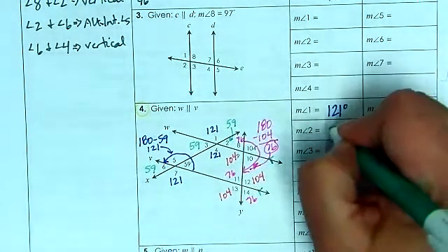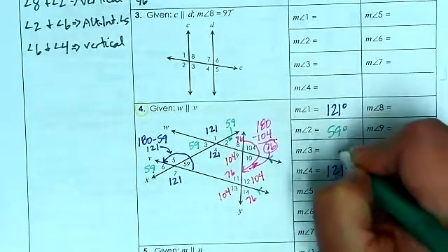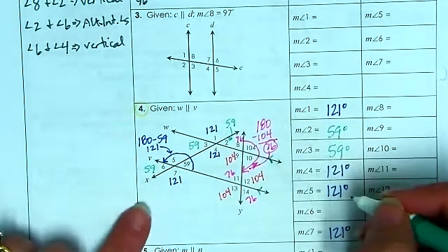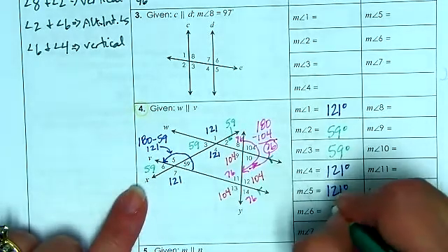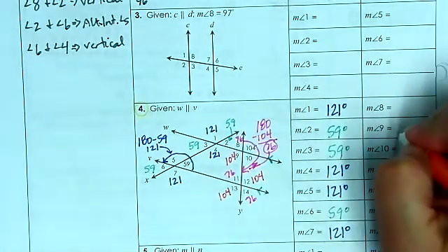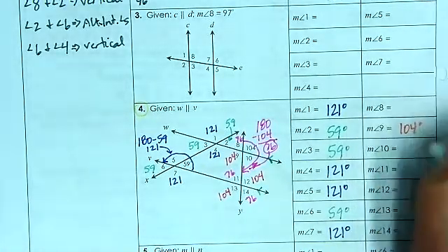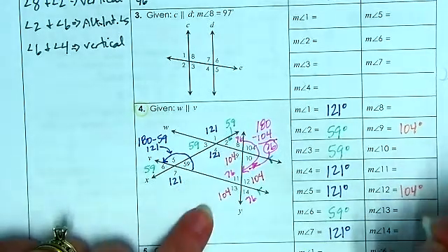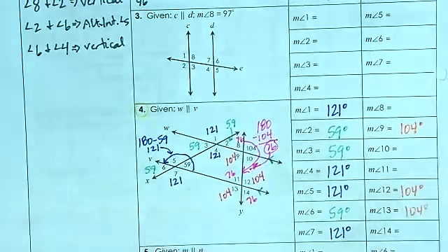2 is 59 degrees, 3 is 59 degrees, 6 is 59 degrees. Now I've got orange, so 9 is 104 degrees, 12 is 104 degrees, and 13 is 104 degrees.